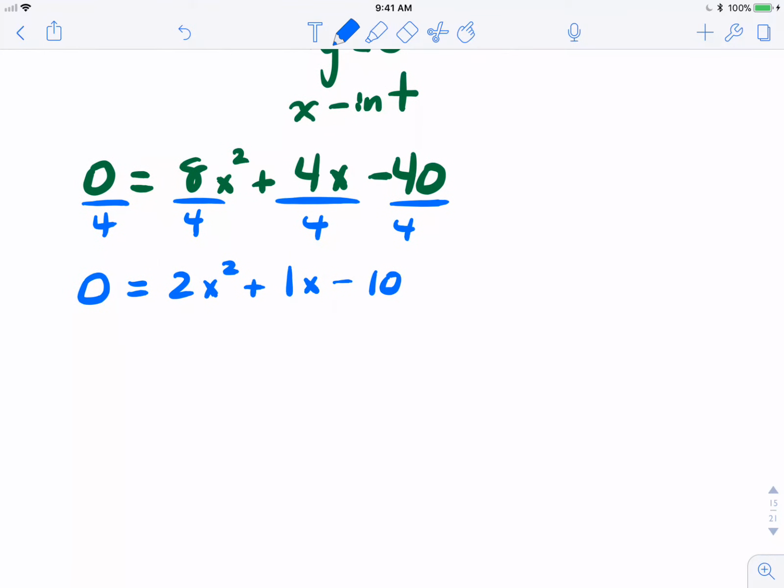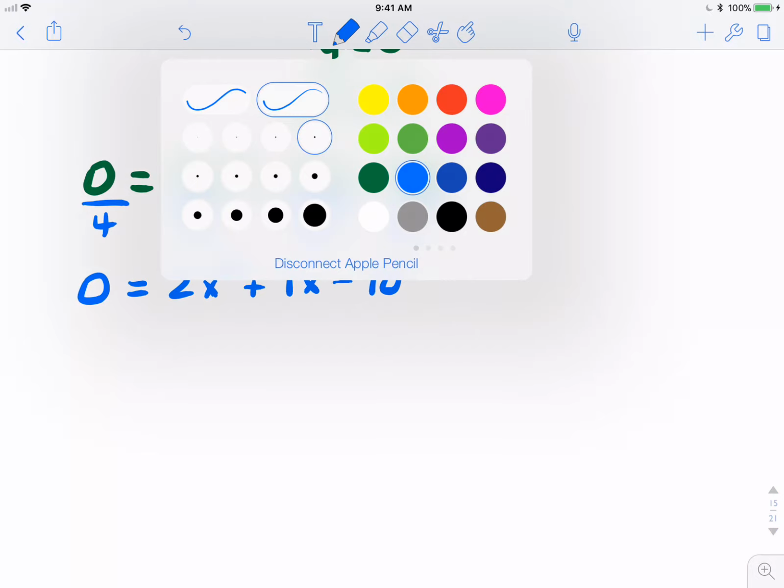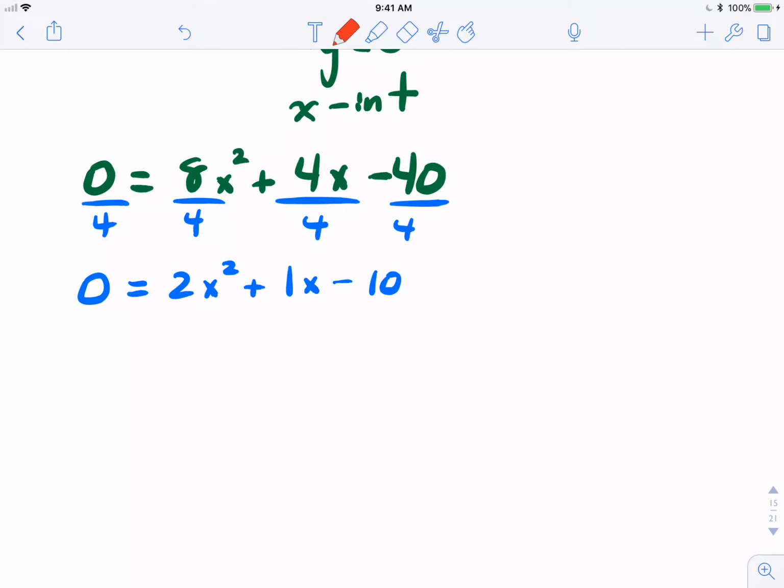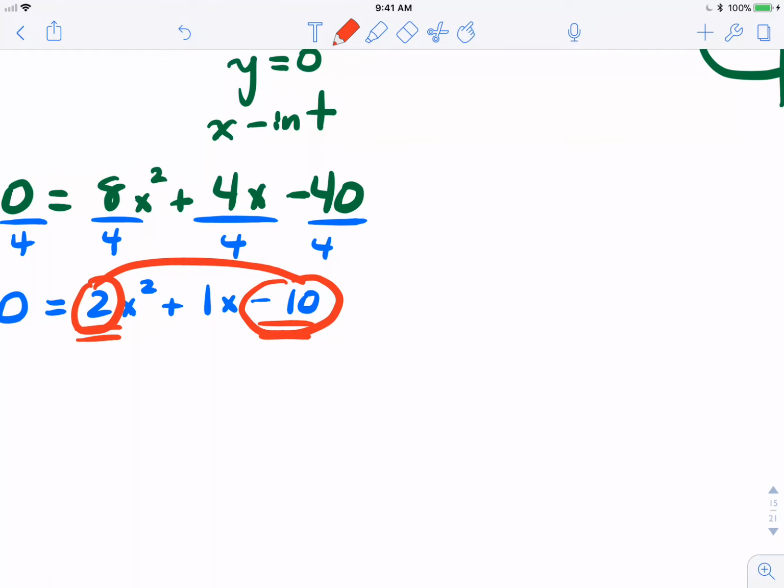Okay, so let's try a factoring strategy here. We could see, even though we got rid of a GCF, we're going to have an a greater than 1, which is what I call an eyeglass. So our product is going to be not negative 10, but 2 times negative 10, or negative 20. Our sum is still going to be the positive 1 in the middle.